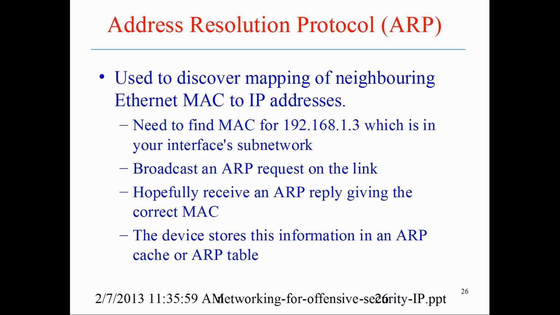I need the MAC address for 192.168.1.3. I send out an ARP packet saying, who is 192.168.1.3? Tell me, please. Someone, if that IP is being used on the network, will reply, I am 192.168.1.3.